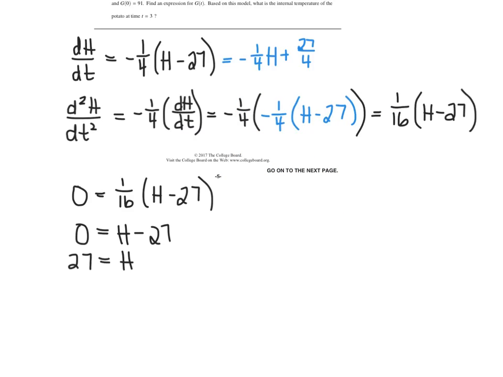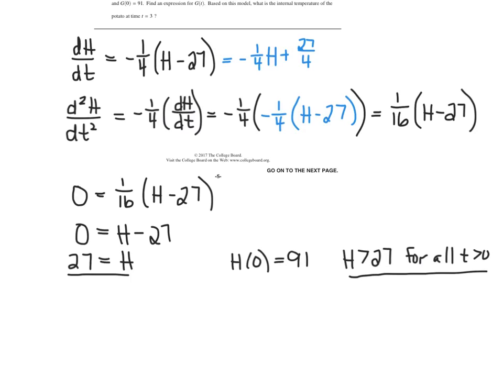So where does that leave me? Well, let's take what we know. I know that h of 0 is 91. And looking above, we also notice that it says that h is greater than 27 for all t greater than 0. So if the inflection point happens when h equals 27, but for all possible values of time that work, we can't do negative time, our h value is greater than 27.